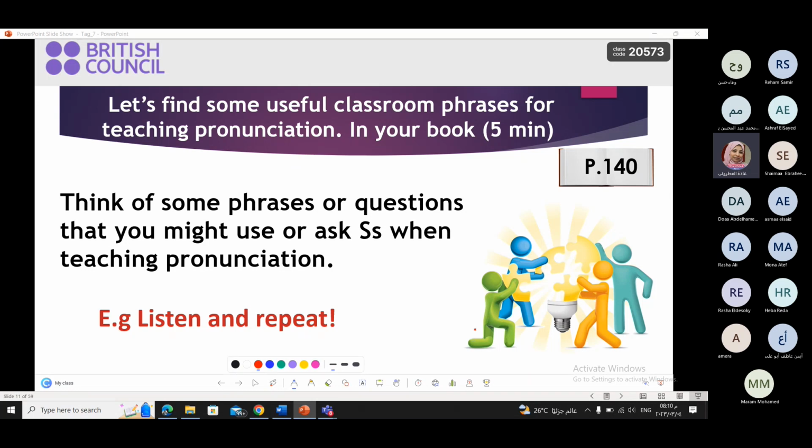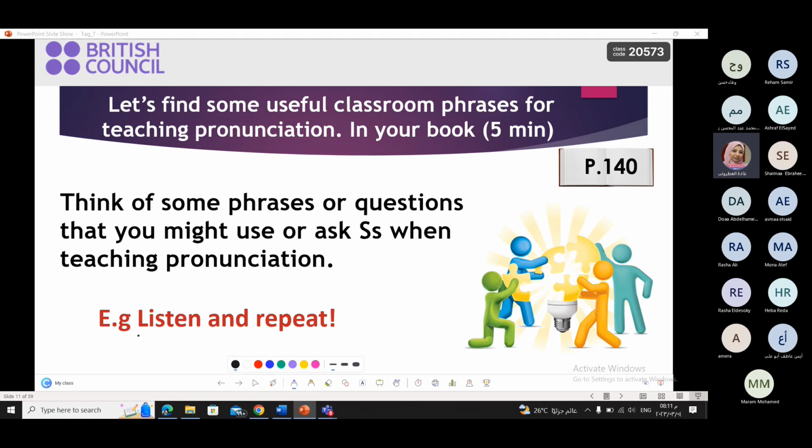Now, in your book, we have an exercise telling us some classroom phrases, some sentences that we use when teaching pronunciation. So, for example, we use this sentence most often when we want our students to pronounce the word correctly. We say, please listen and repeat, right?